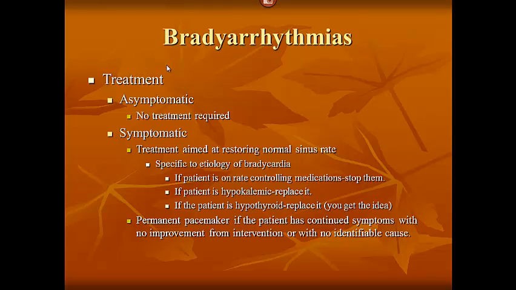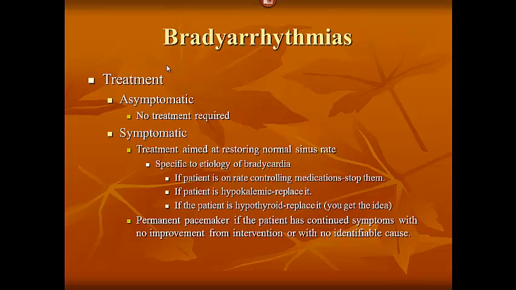Treatment: many patients are asymptomatic, so no treatment is required. If the patient is symptomatic and you have been able to determine the specific etiology, try to eliminate that. For example, if the patient has hypokalemia, replace the potassium. If the patient is on any type of calcium channel blocker or beta blocker, if it's not contraindicated to remove them, either decrease the dose or change or remove them.